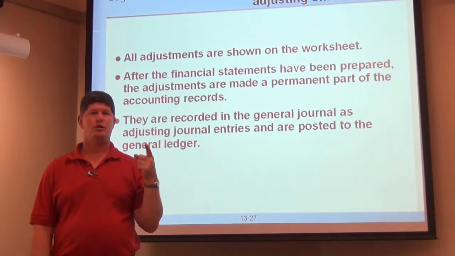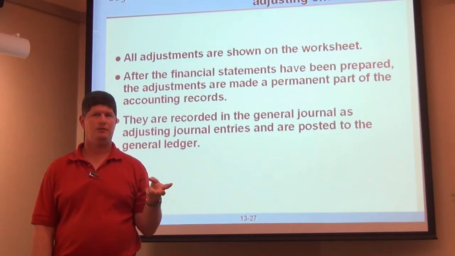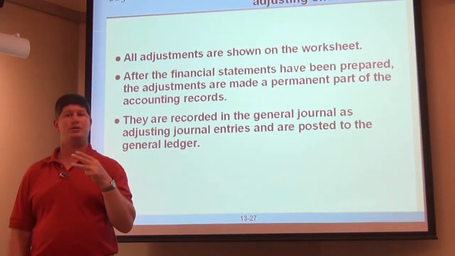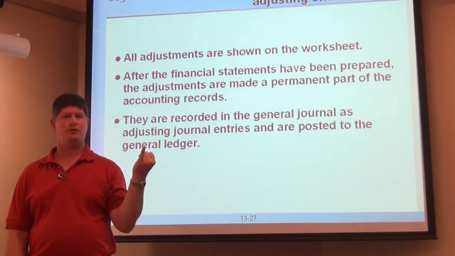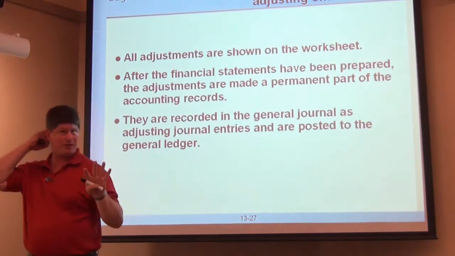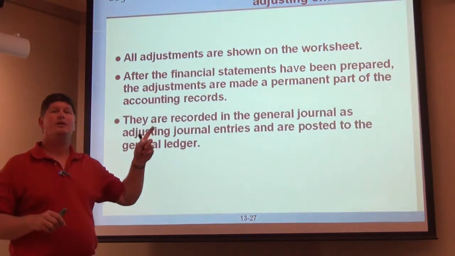Step 2, you close the expense accounts and post them to income summary. Step 3, you close the income summary and post it to capital. Step 4, you close draw and post it to capital, right? Okay, so there are 4 steps. Those 4 steps still exist.